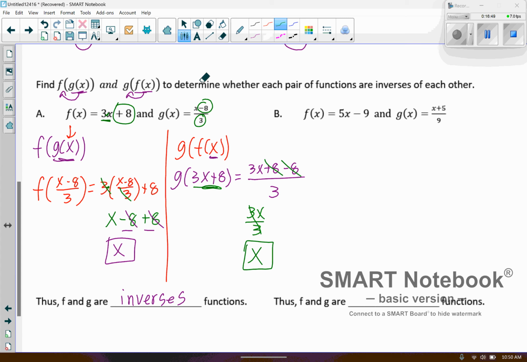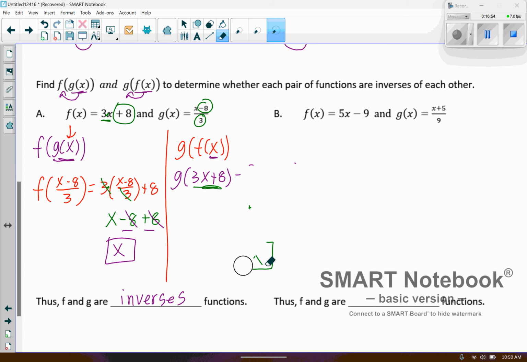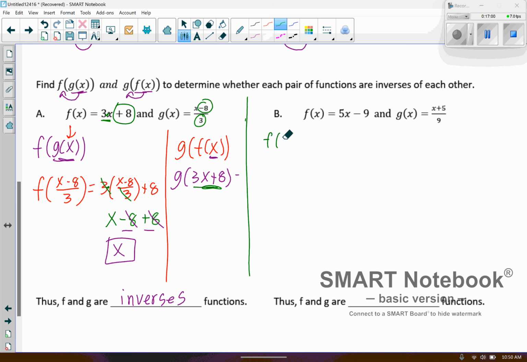Okay, let's look at example B. So, give myself a little bit more room. So we're going to do the same thing here. So we'll start with doing f of g of x. And so we're substituting x into the g function and we get this. So then that's what g of x is.